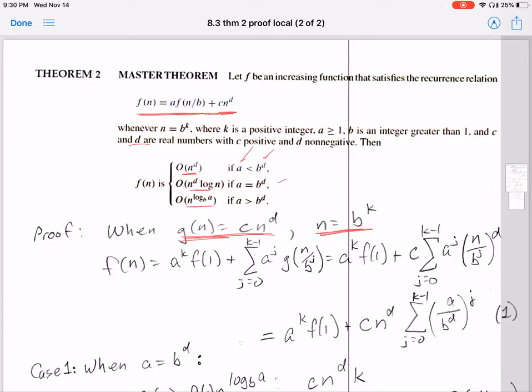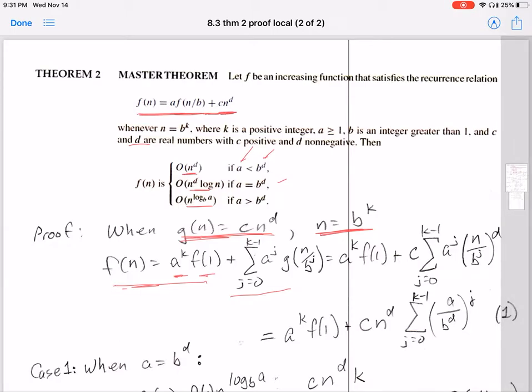And earlier we had shown that the divide and conquer relation, when addressed iteratively, gives us this function with a to the k times the initial condition plus this sum, j equals 0 to k minus 1, a to the j, and g evaluated at smaller and smaller arguments, n over b to the j, as j goes up.